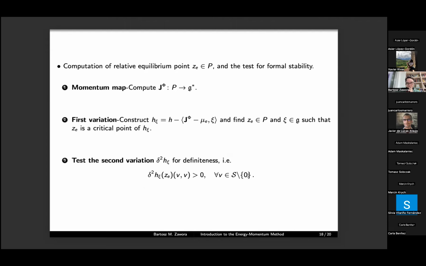But the problem is that when there are symmetries, the Hamiltonian functions used to have symmetries. And these symmetries used to destroy the Hessian of the initial Hamiltonian function on the whole space.